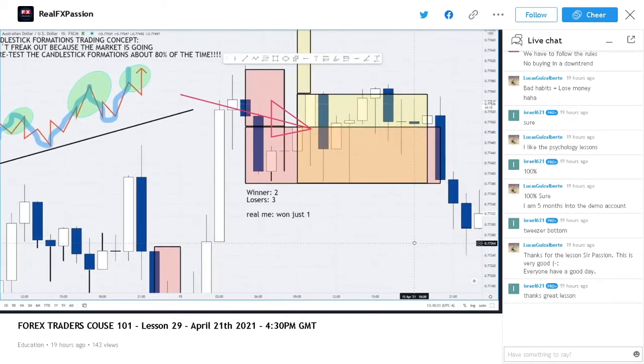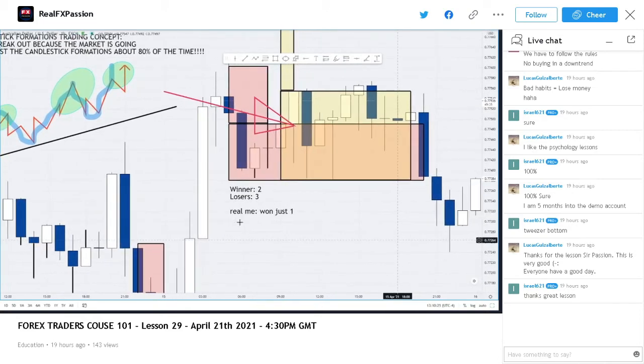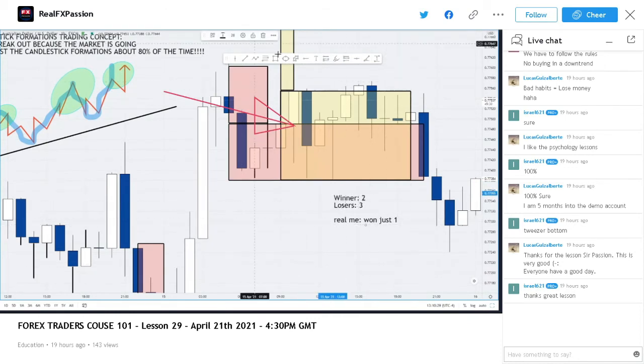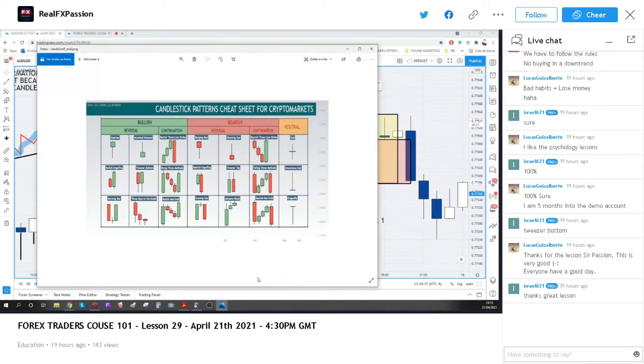The market is pushing down, down. 1, 2, 3, right? What about this one? Next, 1, 2, 3. Is this or is this not a bullish candlestick formation? Lucas says stay. Okay, next one.